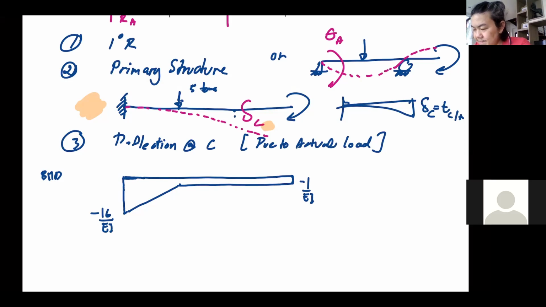Delta C, oops, deflection at C is equal to TCA, and that is the moment of the area of your moment diagram between A and C with respect to C. And from A to C, it is going to be this area, right?